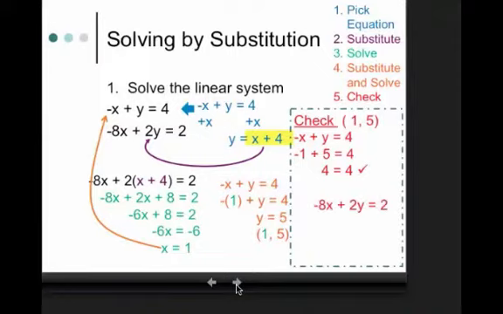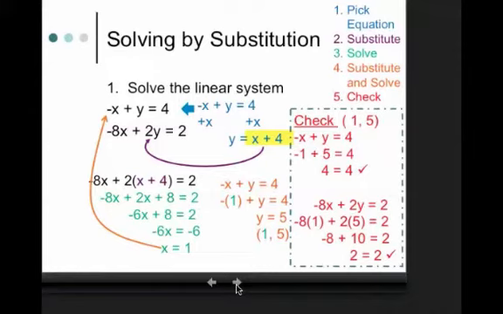Next, I'm going to take the second equation. I'm going to implement 1 in for x and 5 in for y. Simplify, and what do you know? I get the same thing. Therefore, I know that both 1 and 5 are correct in this linear system.